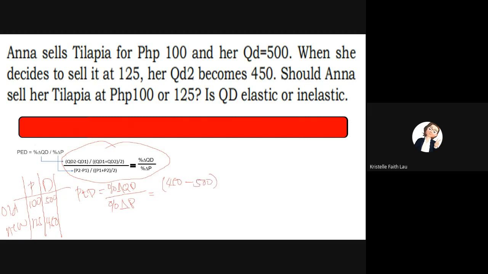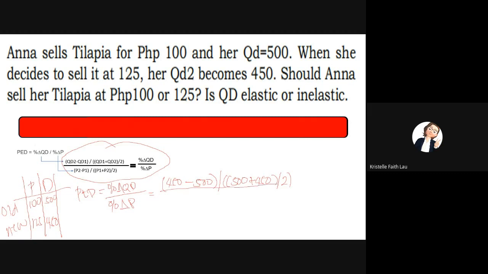And then, we divide it, with two close parentheses for the average quantity. Okay, let's solve the average quantity. We have QD1 as 500 plus 450, close parenthesis. Divide it by 2, then another close parenthesis.